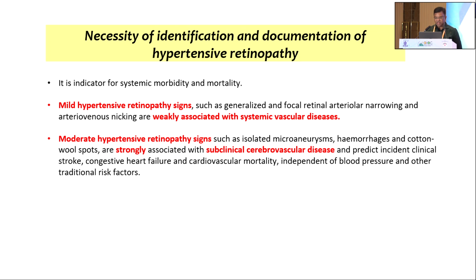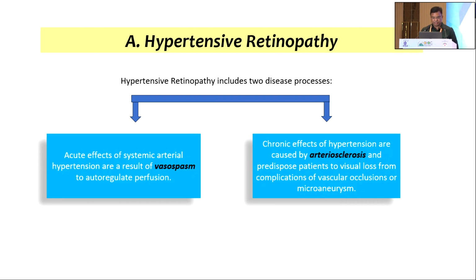Mild hypertensive retinopathy signs such as generalized and focal retinal arterial narrowing and arteriovenous nicking are weakly associated with systemic vascular disease, whereas moderate hypertensive retinopathy signs such as microaneurysms, hemorrhages, and cotton wool spots are strongly associated with subclinical cerebrovascular disease, which predicts incident clinical stroke, congestive heart failure, and cardiovascular mortality.